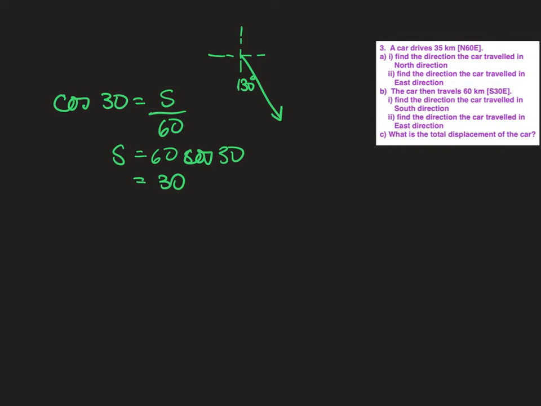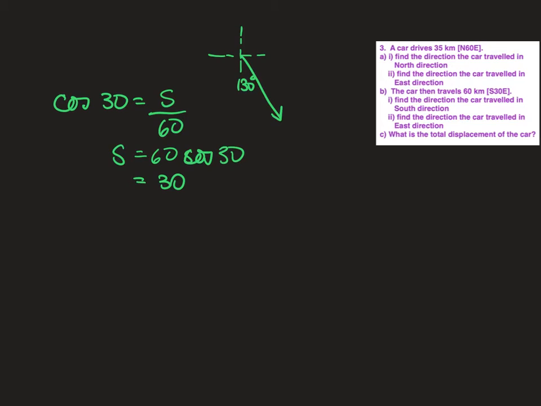So remember, there's a couple of ways I can do the next one. If that's south, the other component, east, is going to be sine 30, because now we're looking at, instead of the adjacent side, the opposite side.